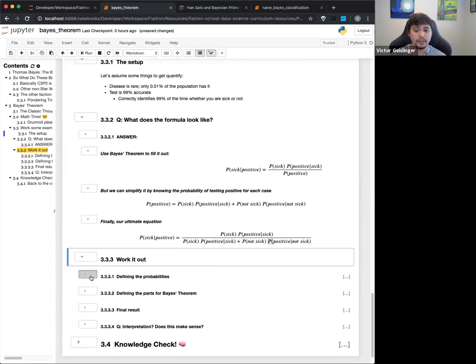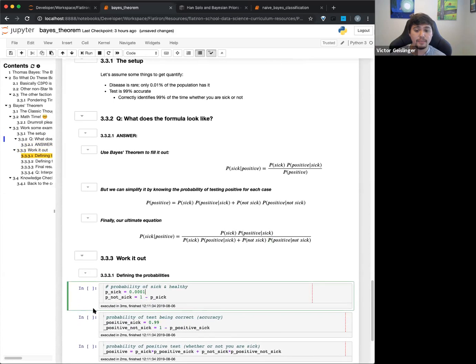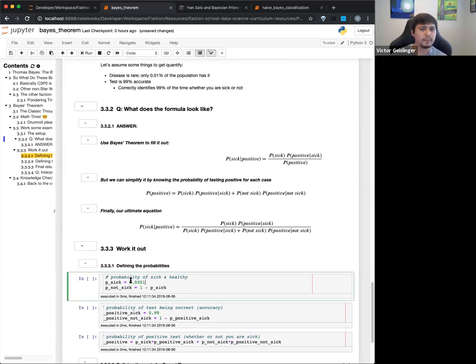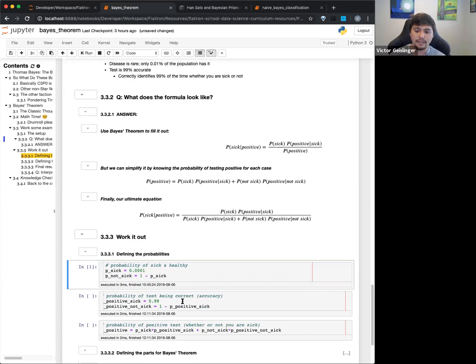So we define the probabilities, okay? The probability of being sick, I put into decimal form instead of percent, is 0.001, and so the probability of not being sick is going to be 1 minus p sick, which Thomas said was going to be 99.99%, okay? And then the probability of the test being correct, so accurate, right?